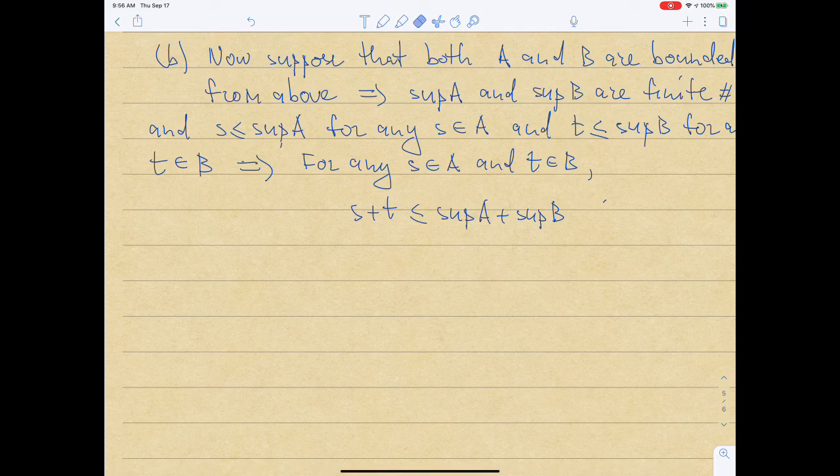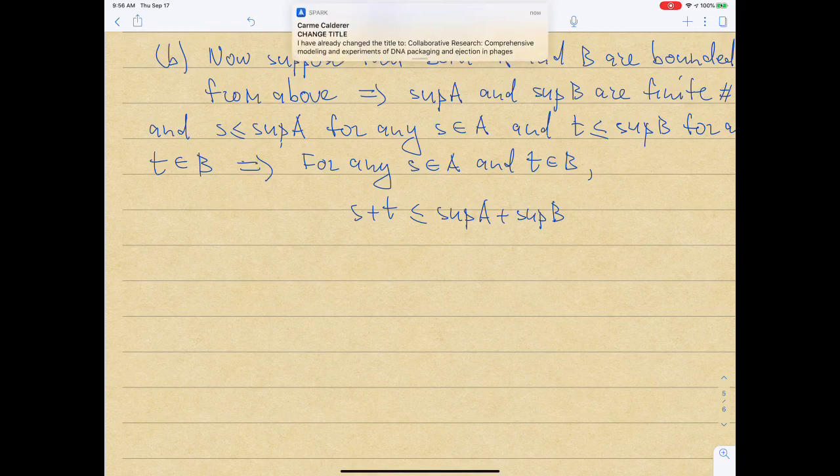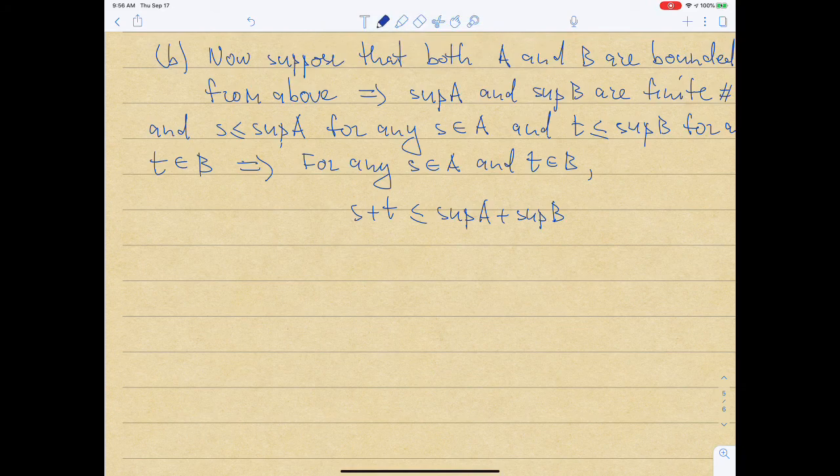If for any element of my set, so in this case an element is S plus T, it's less or equal than the same number, sup of A plus sup of B. That means that sup of A plus sup of B is actually an upper bound on A plus B.